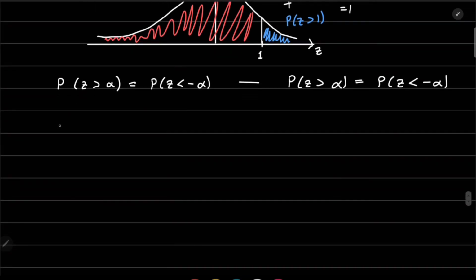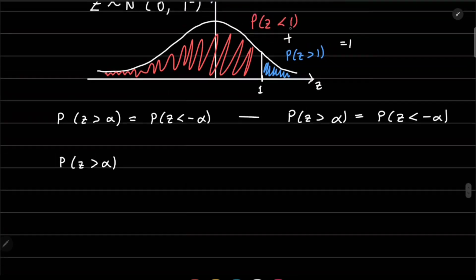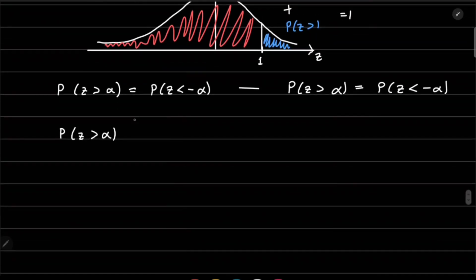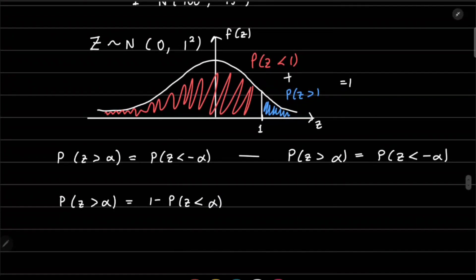So the other property would be that the probability of z being greater than alpha, or z being greater than 1 over here, so this blue example is this case, will be equal to 1 minus the probability of z less than alpha.